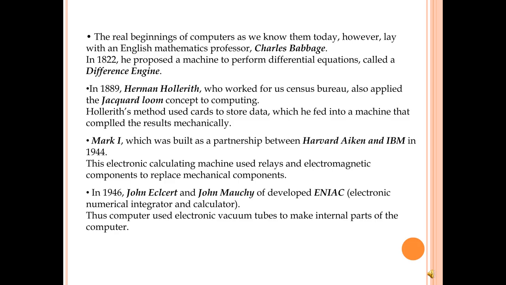After that, Mark I was built as a partnership between Howard Aiken and IBM in 1944. A different calculating machine was introduced in the market named Mark I, built by the partnership of the inventor Howard Aiken and the IBM Corporation in 1944.